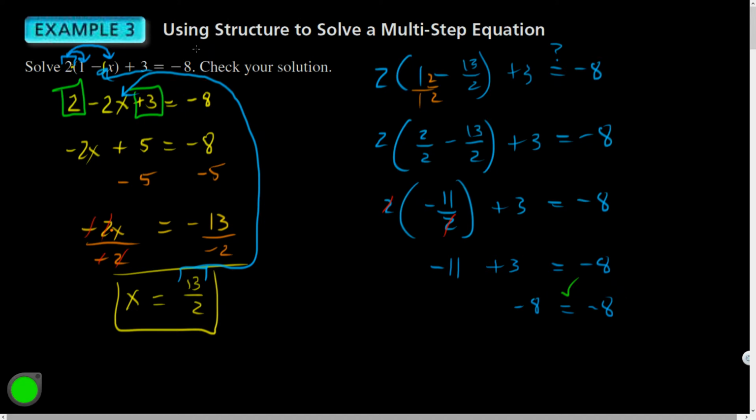But using algebra, I distributed, I combined like terms, I subtracted 5 from both sides, divided both sides. I actually was able to get the answer pretty quickly, way faster than guessing would have for a problem of this complexity. All right? All right.